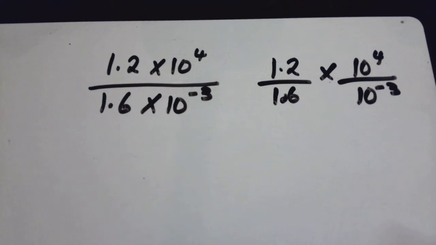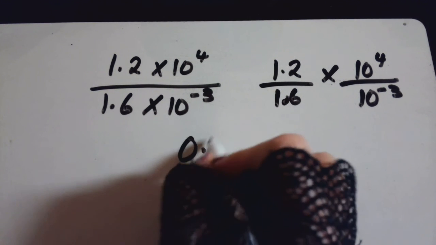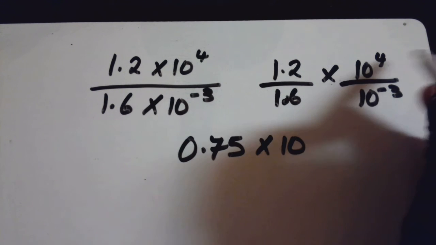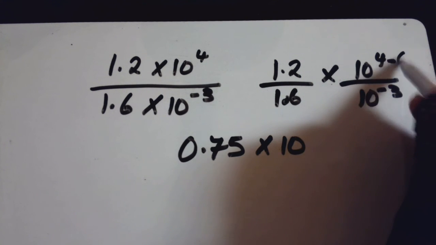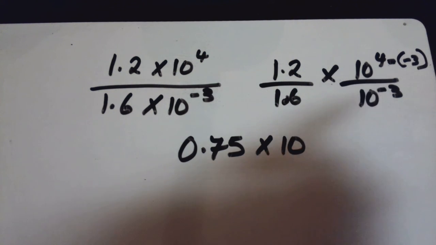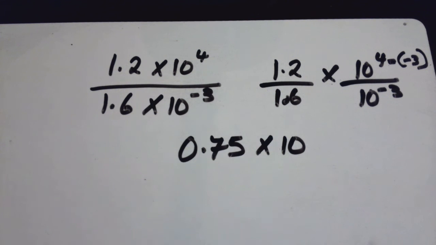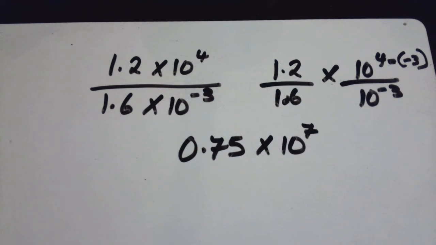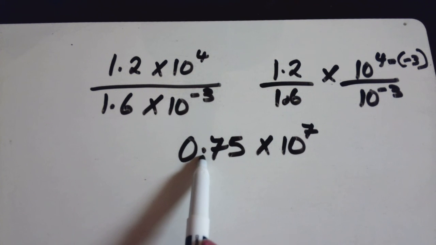Okay, so when I divide 1.6 into 1.2 on your calculator, you're going to get 0.75 times 10. Remember here, we subtract a negative 3, which is going to make it now positive, right? Okay. So you can see everything looks good up to here, but this is not in the right decimal place.